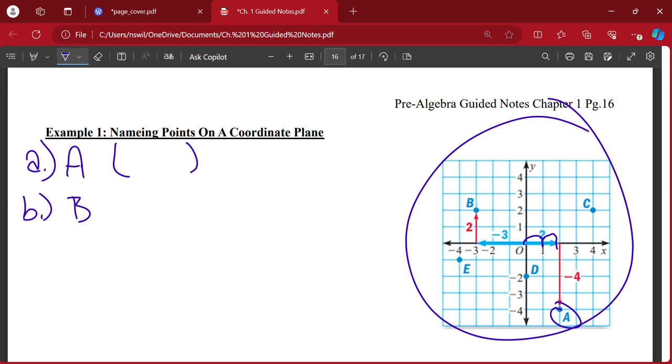Remember, if we go right, it's going to be positive. So since we went right 2, that's going to be our first number, 2. And in order to get to A, do we have to go up or down 4? We have to go down 4. So our y is going to be -4.